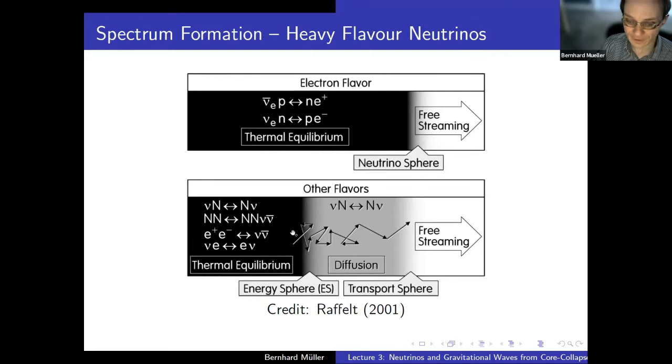And for the heavy flavor neutrinos, the production processes freeze out much further inside than the surface of the last scattering, and their spectrum is shaped as much by the emission processes as by energy exchange reactions on their way from the production sphere to the effective surface of last scattering or transport sphere.